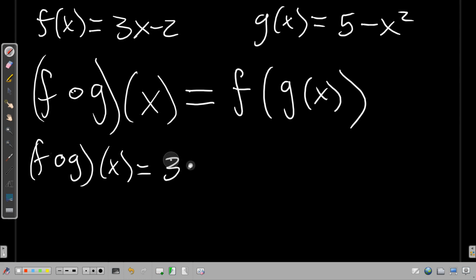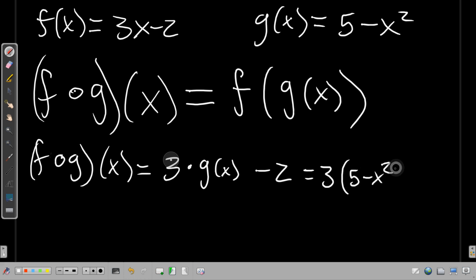So it'd be 3 times g of x minus 2, right? But that's just 3 times 5 minus x squared minus 2. And you can simplify it down and get the equivalent rule for your function.